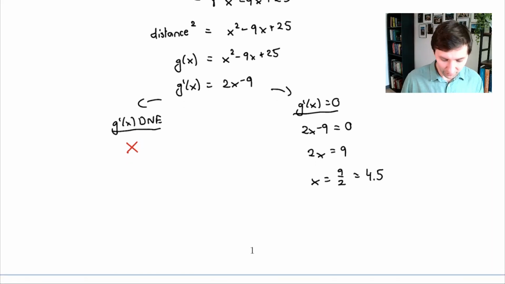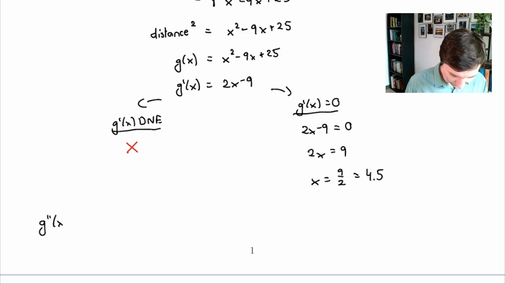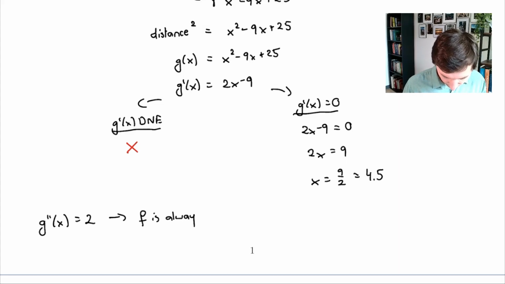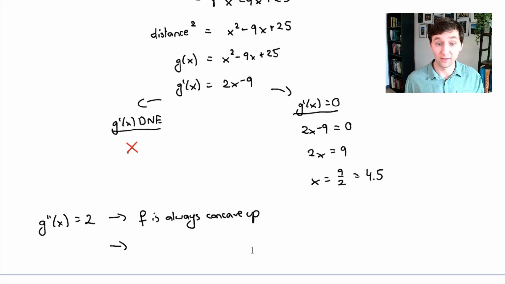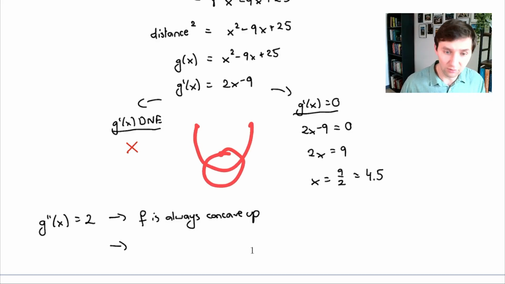Does this x give me the absolute maximum, the absolute minimum, or neither? Let's test it by taking the second derivative of the function g. When I take the second derivative, I get 2, which tells me that the function g is always concave up. And because this function is always concave up, we get not only a local minimum, but we get a global minimum.